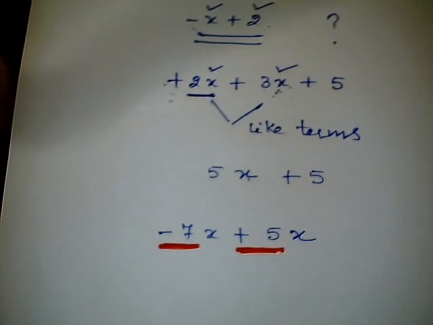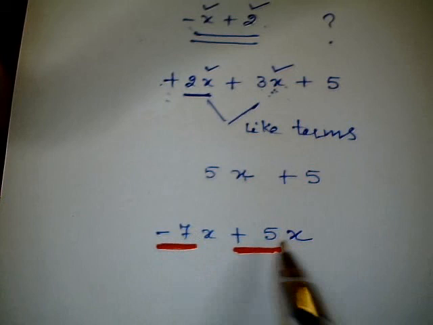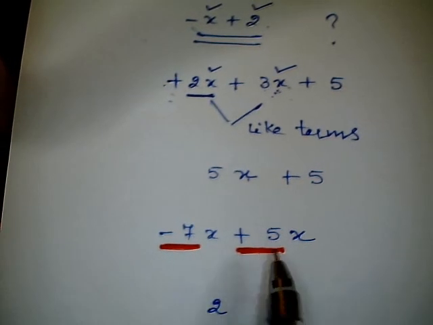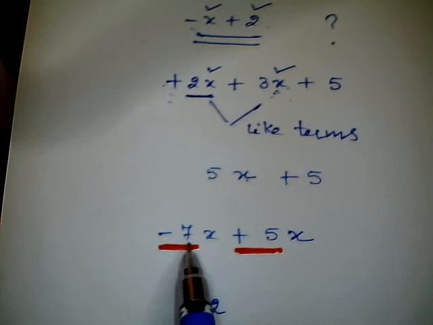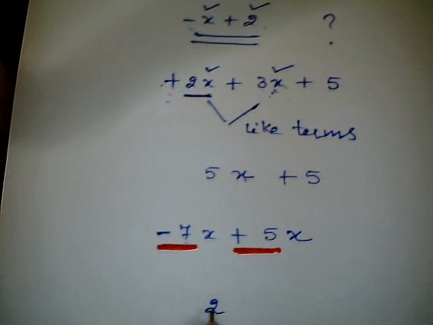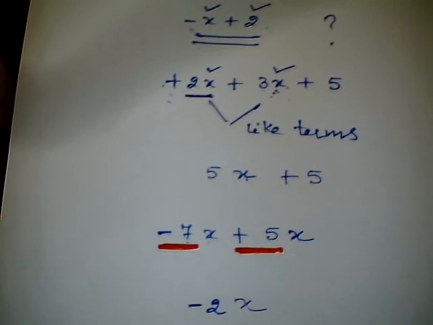I am going to subtract from 7, I have subtracted 5, that is going to come 2. Here which part is greater? 7 is the greater part, and 7 has sign negative, so the left out part will also be negative, and variable x is going to be x. Correct. Negative 7 plus 5 is negative 2, and x is going to be the same.